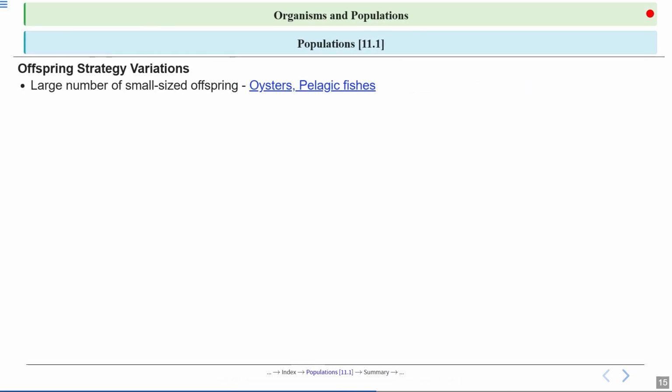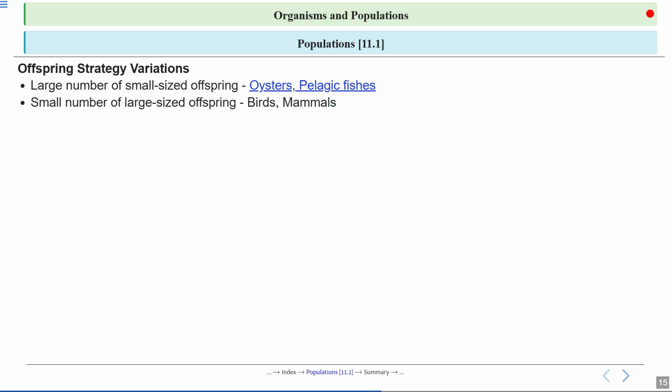Now let's talk about offspring strategy variation. Some species like oysters and pelagic fishes produce a large number of small-sized offspring. This strategy is often used in environments where the survival rate of each individual is low, so producing many offspring increases the chances that some will survive.